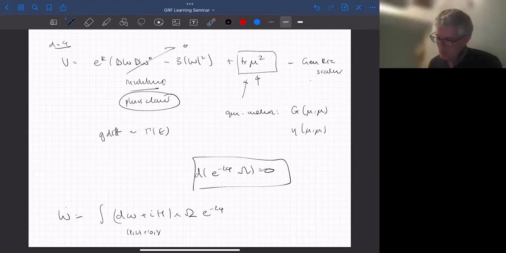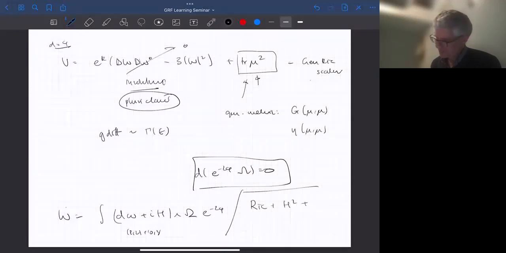The key thing is, you know this, right? The reason that you can't have any torsion in the solution is because of the dilaton equation of motion. There's equations of motion like Ricci plus h squared plus del phi is 0 or something.